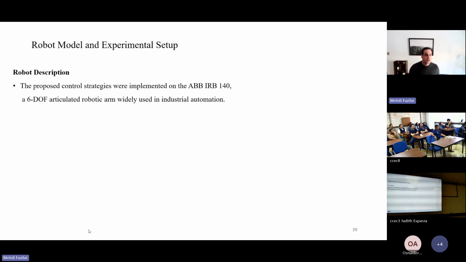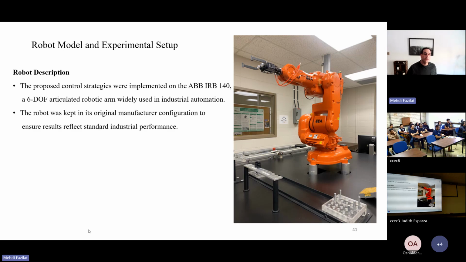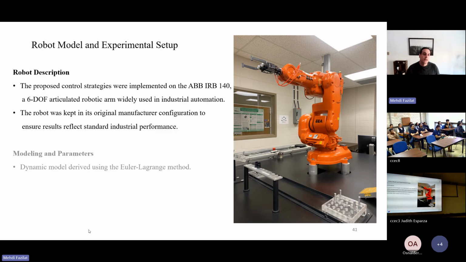For implementation and validation, we use a real robot, the ABB IRB 140. It is a 6 degree of freedom robot, available in the mechatronics laboratory at the University of Quebec. We use the original configuration because we need results comparable with standard industrial settings.